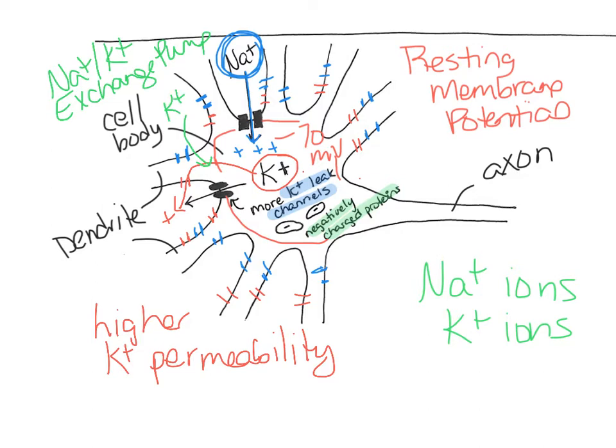And we're accumulating too much sodium, so this pump is going to pump sodium back out. 3 sodium will be pumped out to every 2 potassium being pumped in. That's the exchange pump, and that's how we will keep that cell at the normal concentrations of sodium and potassium, and to keep that transmembrane potential, that resting membrane potential, at a -70.